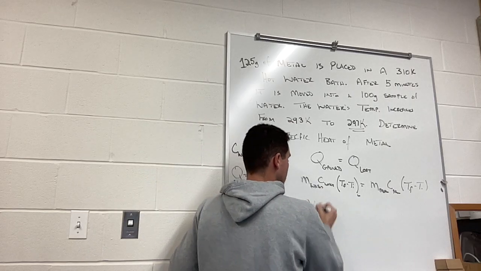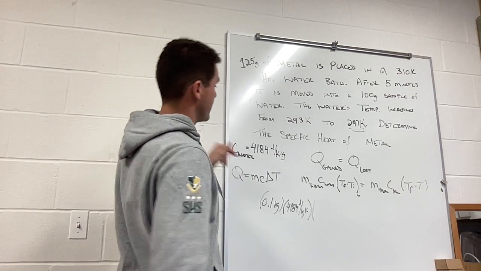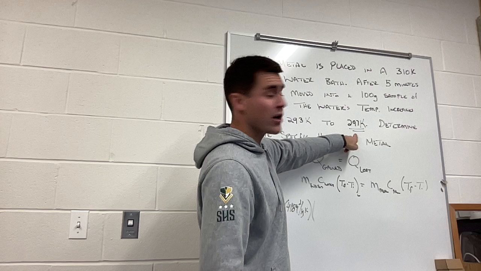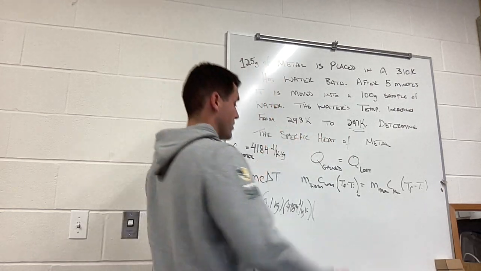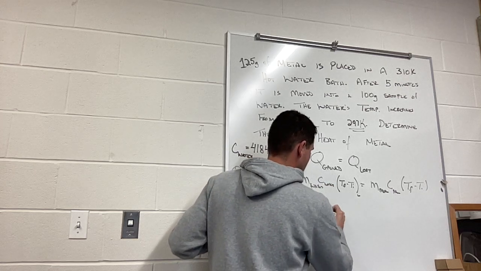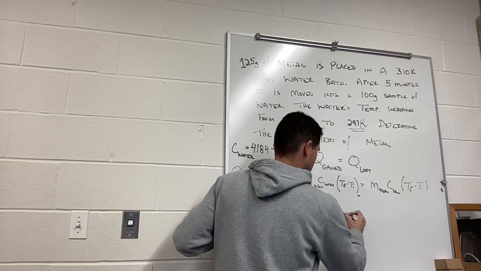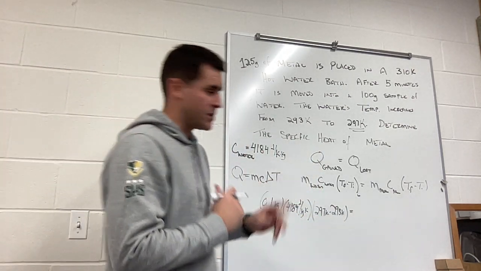Now, the change in temperature, this is where the specific heat problems get a little trickier. The water's final temperature is 297 Kelvin. The initial temperature is 293. So that's pretty straightforward: 297 Kelvin minus 293 Kelvin. That's what is gained. All right, let's go see what's lost.